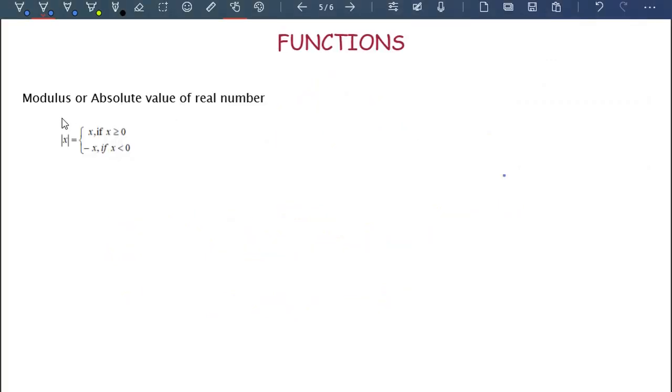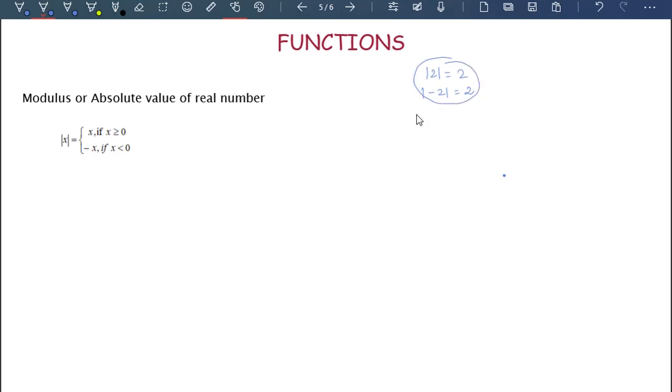Before starting the modulus or absolute value of a real number, we start with what is the modulus of 2, that is 2. What is the modulus of minus 2, that is also 2. When you are taking a known number or a known value, then you do not have a confusion over here.